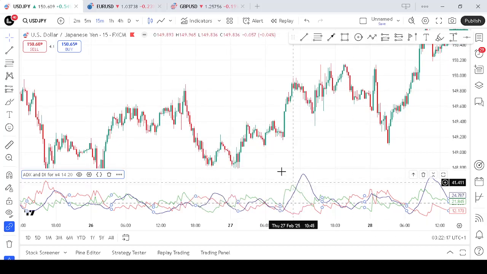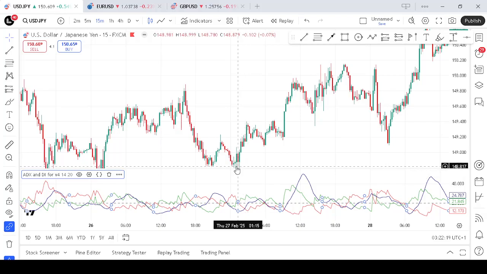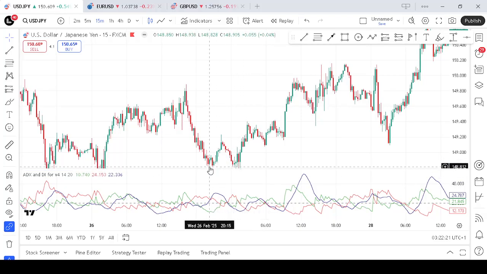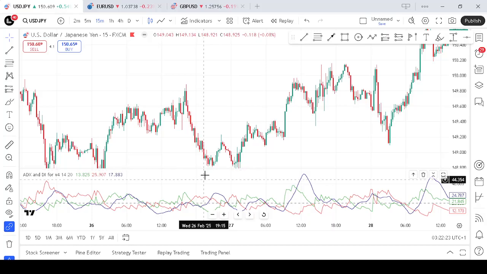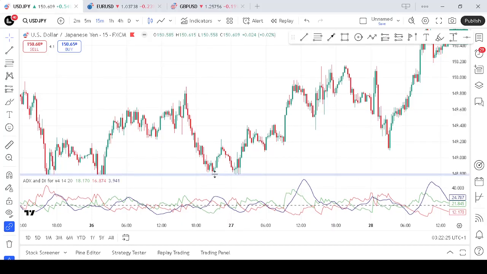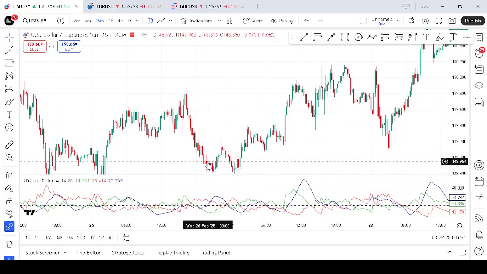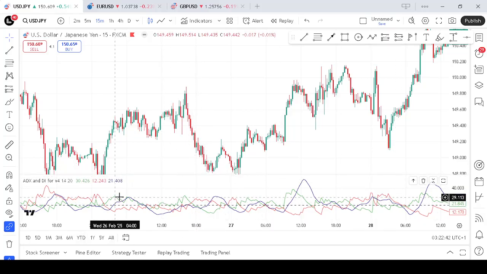Let's not forget, when our positive DI line crosses above the negative DI line, it signals buyers are in control and we have to look for buying opportunities. And when the minus DI line crosses above the positive DI line, it indicates sellers are dominant. My positive DI line is the green line, while my negative DI line is the red line.